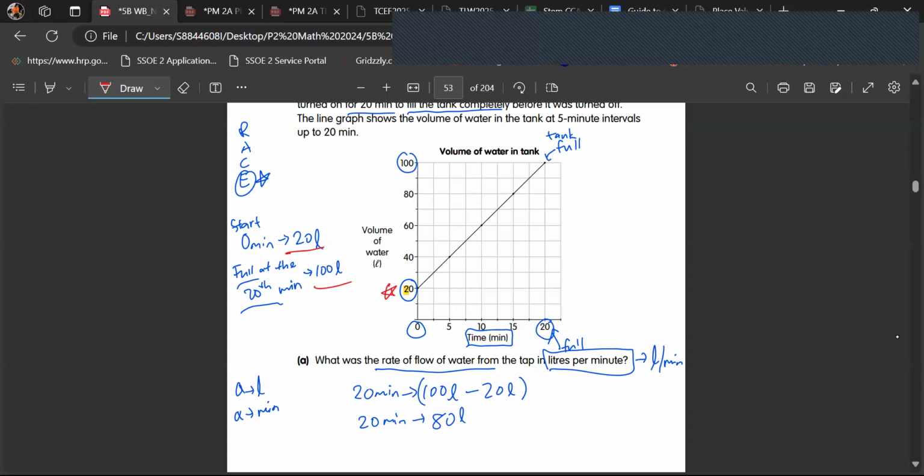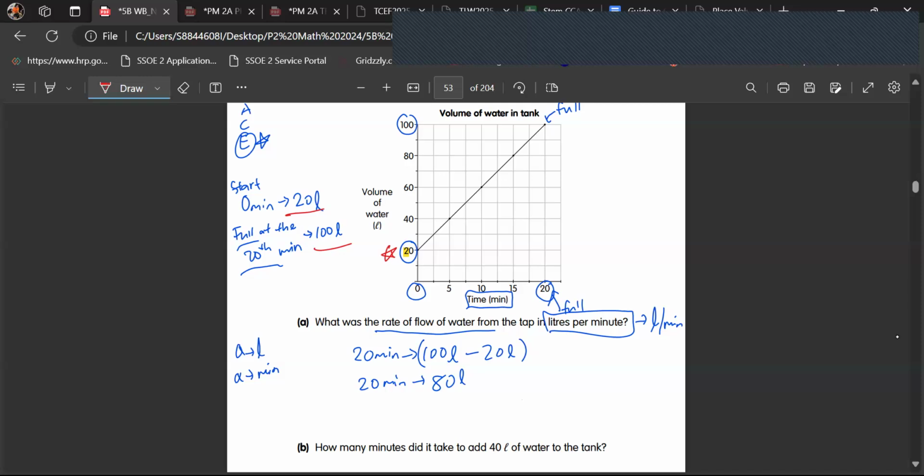It actually only filled up 80 liters. So it will be 4 liters per minute. So the answer will be, the rate of the flow of water will be 4 liters per minute. You can write the slash or you can spell it out, 4 liters per minute.